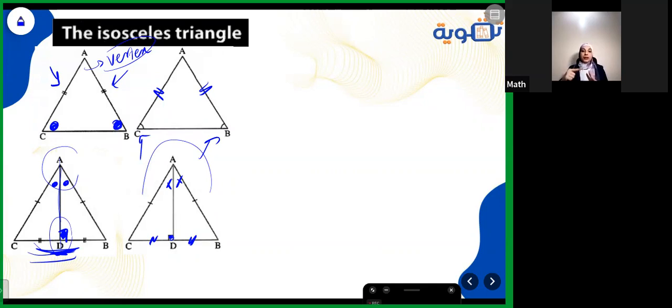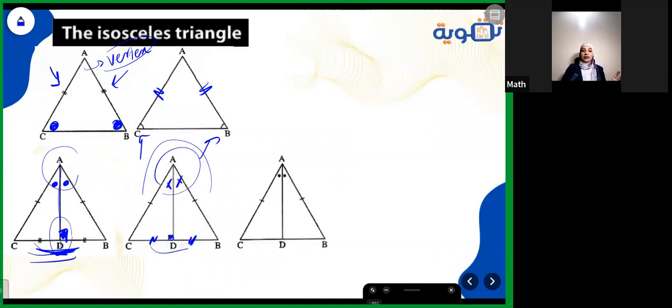If it's perpendicular to the base, it will be bisecting the vertex and bisecting the base. And at last, if it's bisecting the vertex, it should be bisecting the base and perpendicular to it. So these three are related together. If one of them happened, the other two should happen. But all of this is only in the isosceles triangle. If it's not isosceles, I can't say any of these.